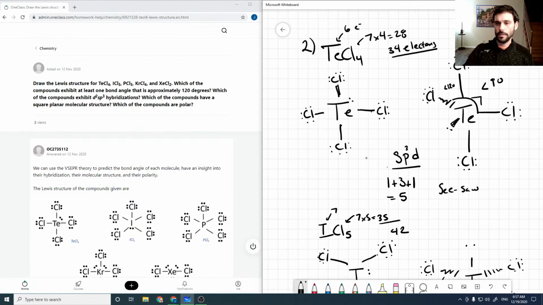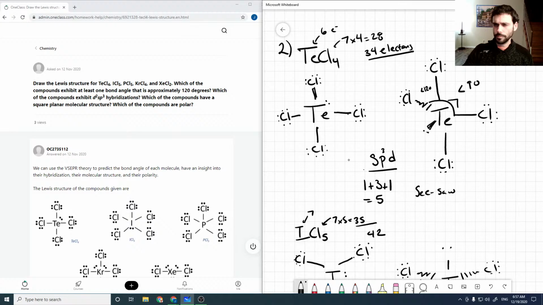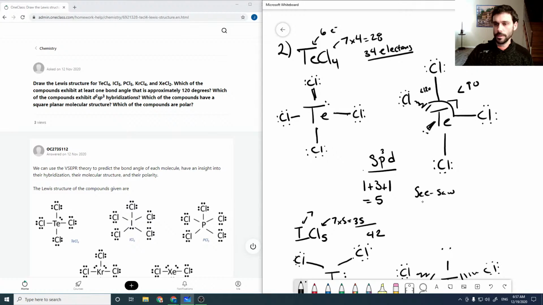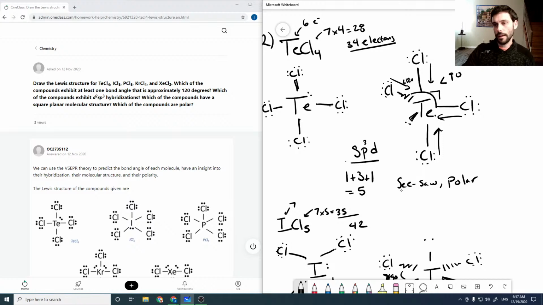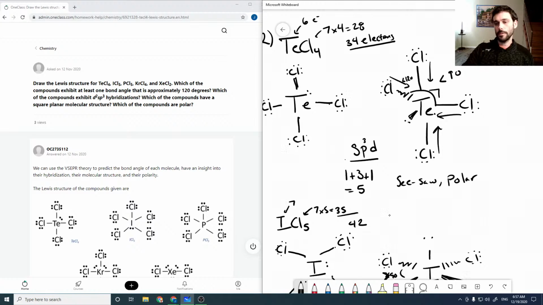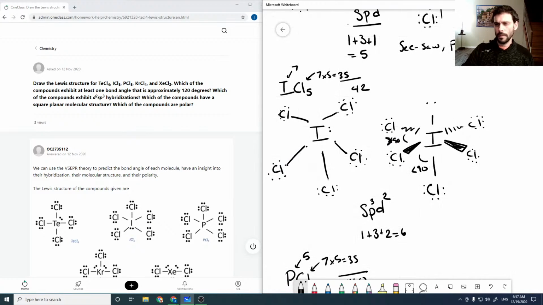And then which of the compounds have a square planar structure, and which of the compounds are polar? So let's take care of that while we go through. So this one's seesaw, and because of the lone pair, it is asymmetric, so it will be polar. Right, so there will be dipoles here, which won't exactly cancel. If you add up the dipoles, they won't cancel, so it's polar.